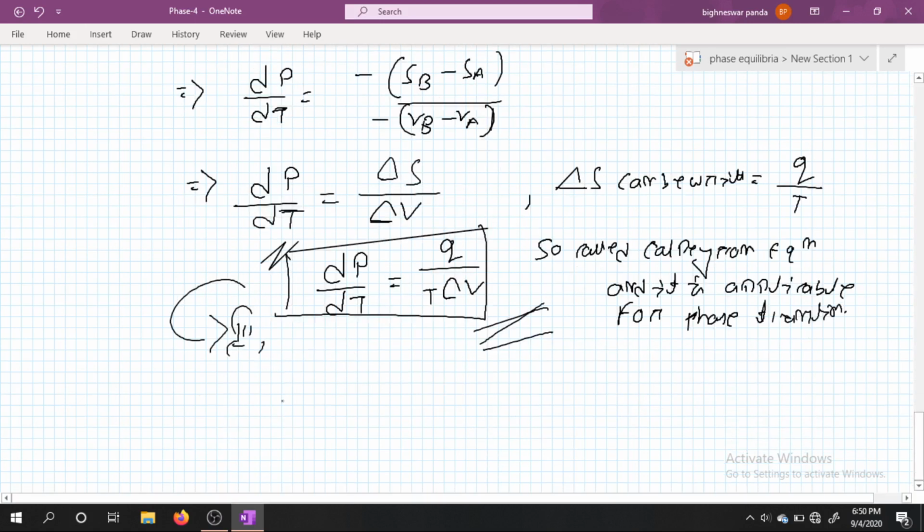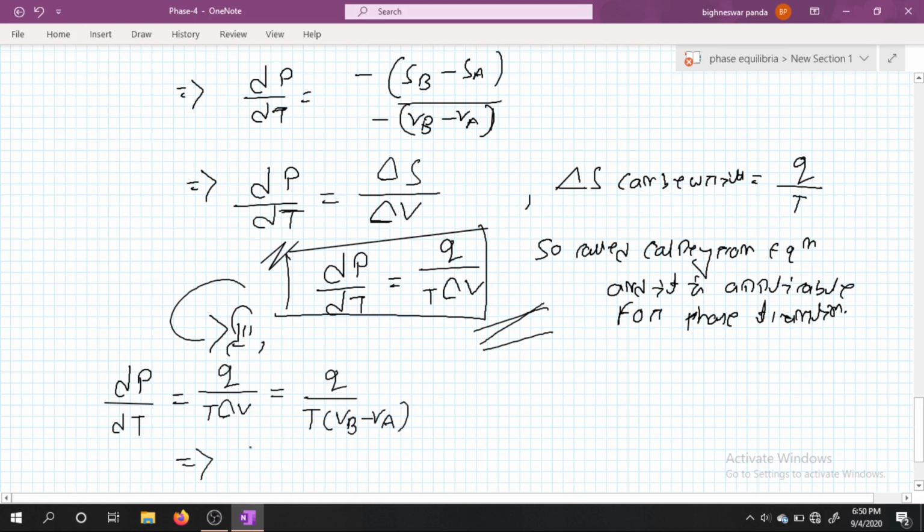Again I am modifying equation 3 as dP by dT equal to Q by T delta V will be equal to Q by T into VB minus VA. This Q is heat absorbed.